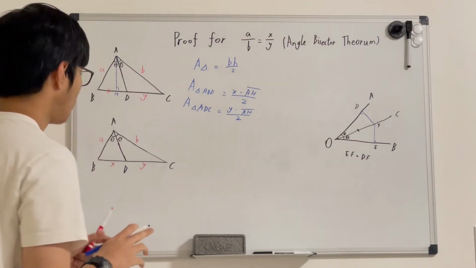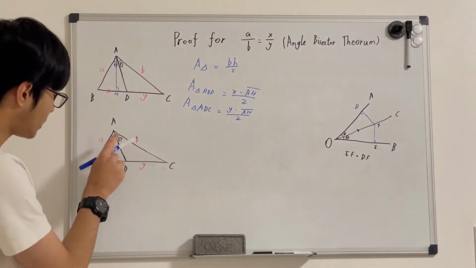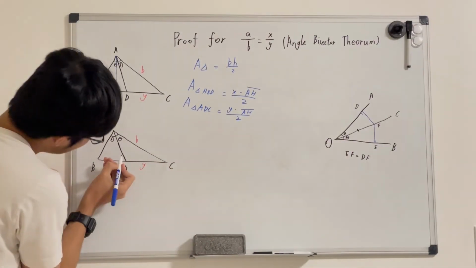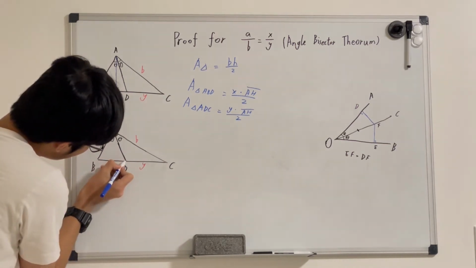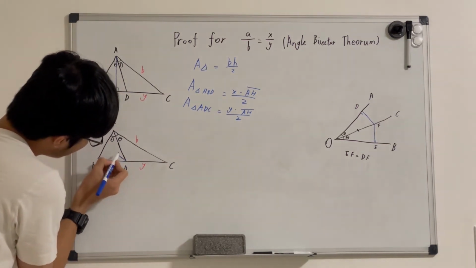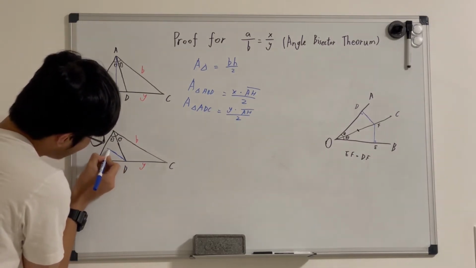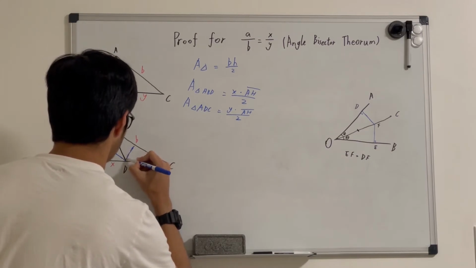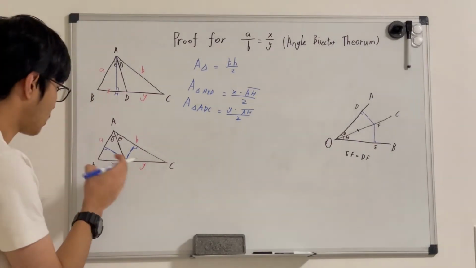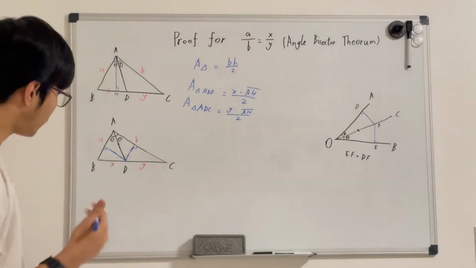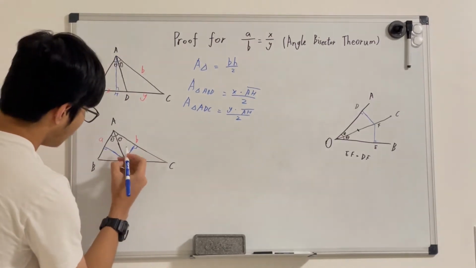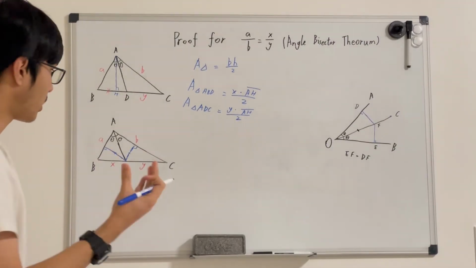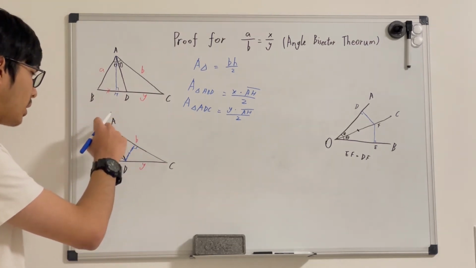No problem. So in this second diagram, because we see that this is an angle bisector, we may want to do the exact same thing right there. So we will try to put the height from here. Yeah, there we go. Apparently my graph is not that accurate, but it sort of works. So we know that this is equal to that, right? And we can re-express the area of triangle ABD.